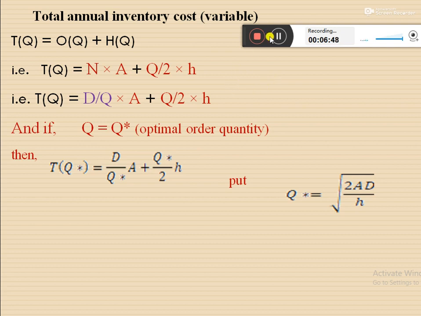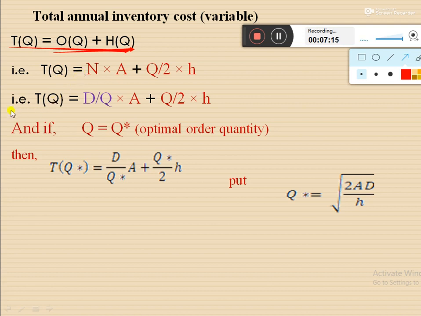Now we would derive the formula of calculating total annual variable cost. As you know that total cost or total annual inventory cost is the sum of ordering cost and carrying cost. That can be represented in this formula.